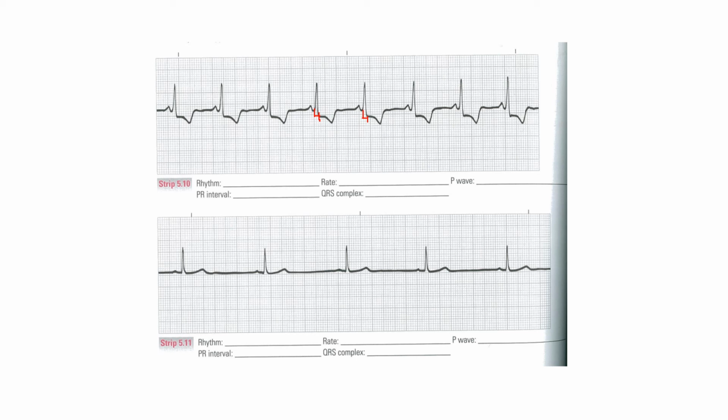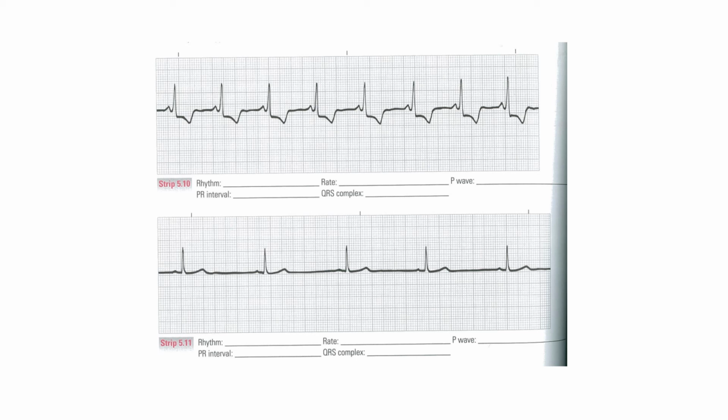So it's going to vary. Some of them are 2 boxes, some of them are 1, and we're going to call it 0.04 to 0.08, and that's okay. You will have variations within your QRS. The important thing to remember is that it's within normal limits. So your QRS we did.